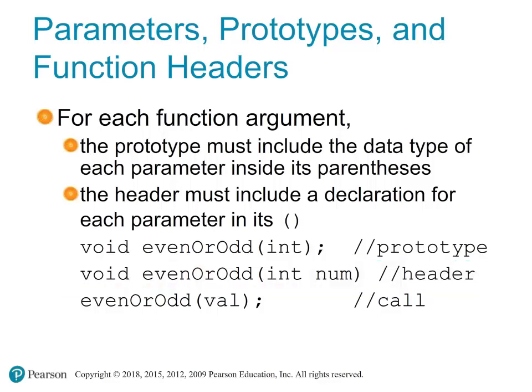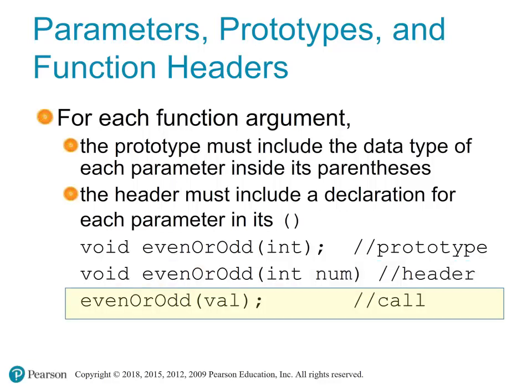For the function call, when you call the function, you pass an actual argument that matches the data type specified in the prototype and header. So here, val, V-A-L, is the actual argument passed to evenOrOdd. It should be an integer to match the function's prototype and the header.